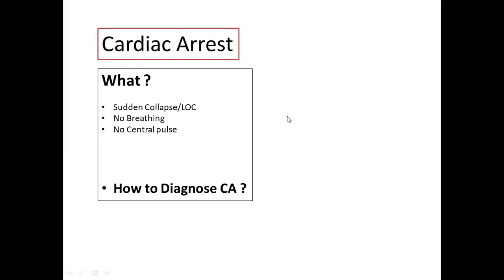There is poor outcome of the CPR after that time period. The other thing is, if the patient is having advanced carcinoma or any advanced medical illness, we might not consider starting CPR because there is very poor prognosis of the cardiac arrest.